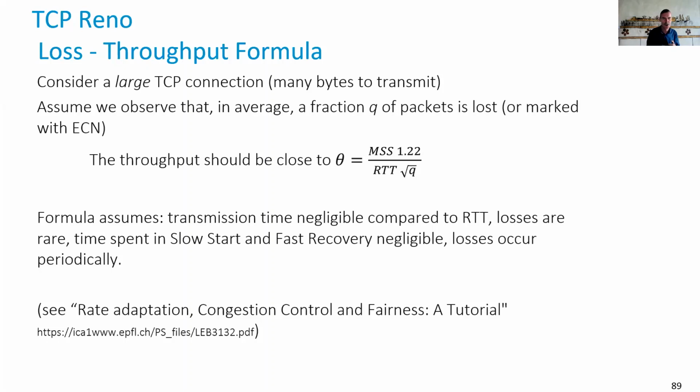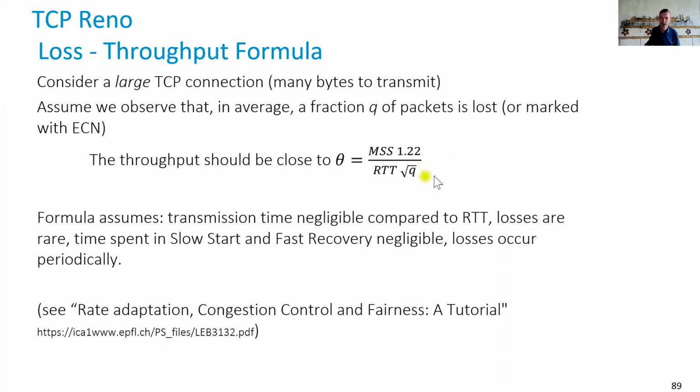In practice, that's not what we have. In practice, we observe only parts of the network, and what we can observe is the loss. The loss is given by a parameter Q, which is the fraction of packets that is lost, or marked with congestion. We will see in a few more minutes that there's an alternative to the losses here. Right now, this is losses here.